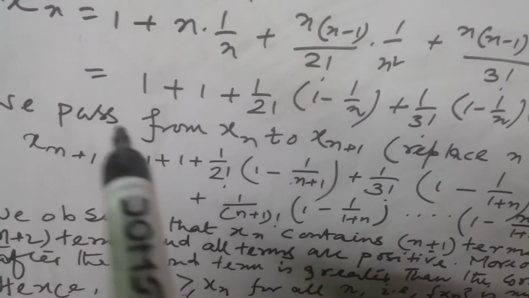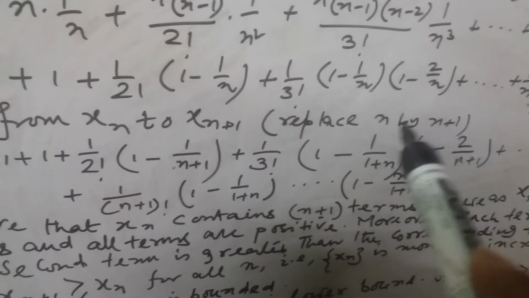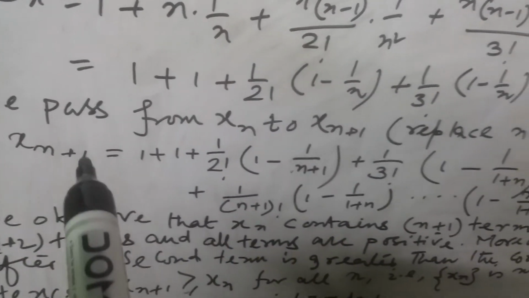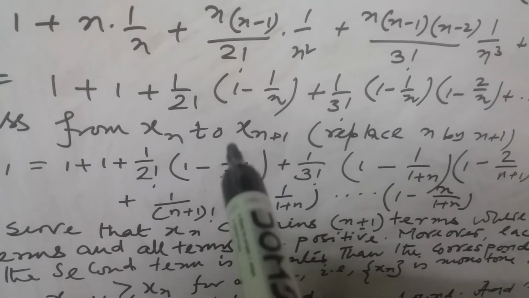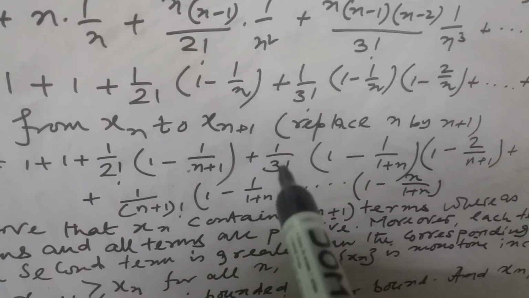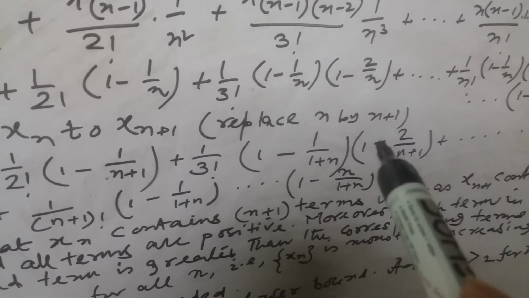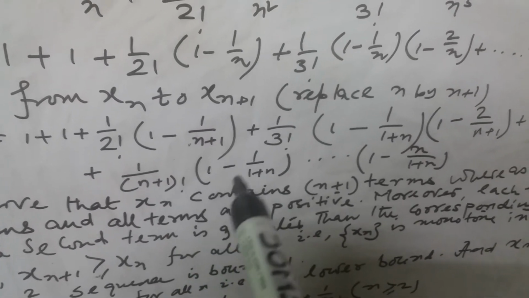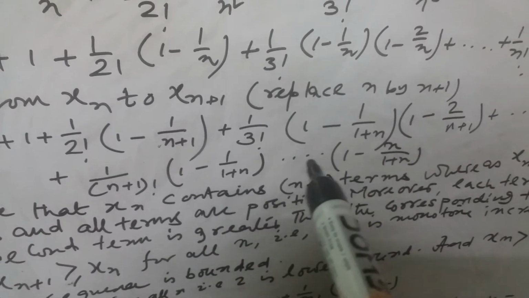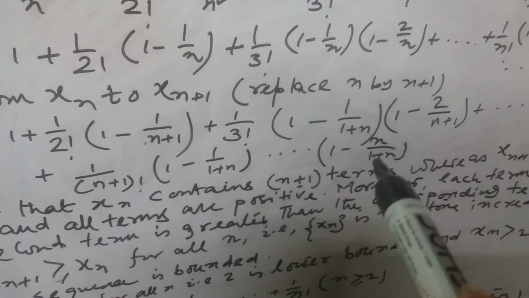We pass from xn to xn plus 1 by replacing n by n plus 1. Then you can write xn plus 1 as 1 plus 1 plus 1 by factorial 2, 1 minus 1 by n plus 1, plus 1 by factorial 3, 1 minus 1 by n plus 1, 1 minus 2 by n plus 1, and in this way, the last term is 1 by factorial n plus 1, 1 minus 1 by n plus 1, up to 1 minus n by n plus 1.